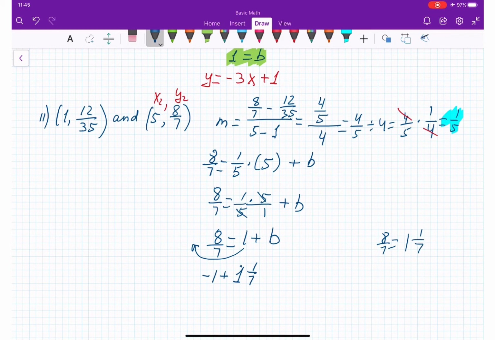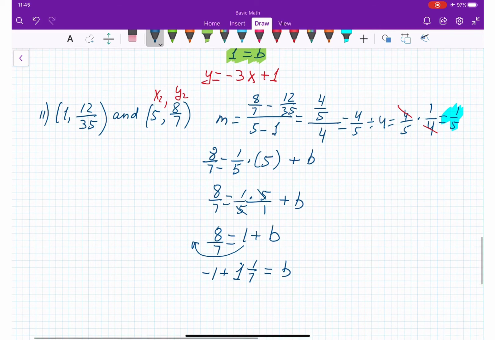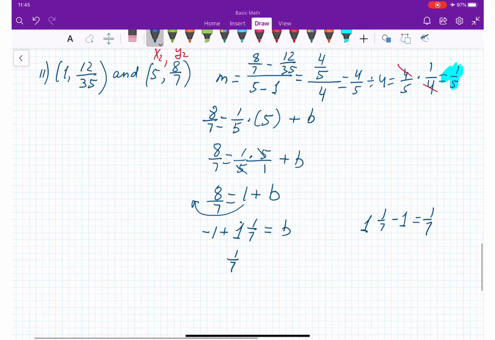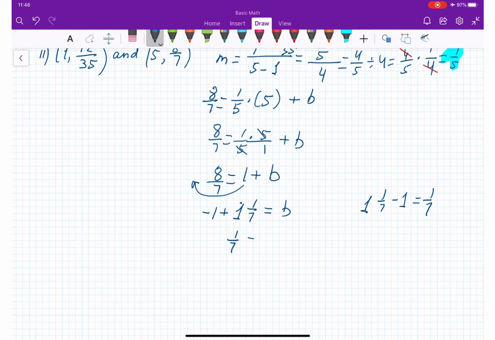And the denominator is 7. 1 and 1/7. Okay. So equal b. So, negative 1 plus 1 and 1/7 is going to be 1/7. Indeed, 1 and 1/7 minus 1. 1 minus 1 is 0, it's gone, so what is left is only 1/7, right? So 1/7 is equal to b.